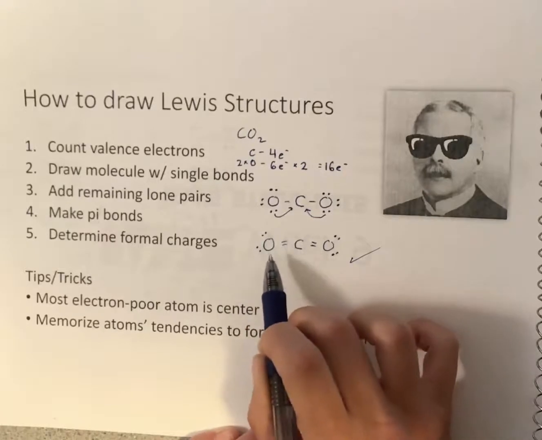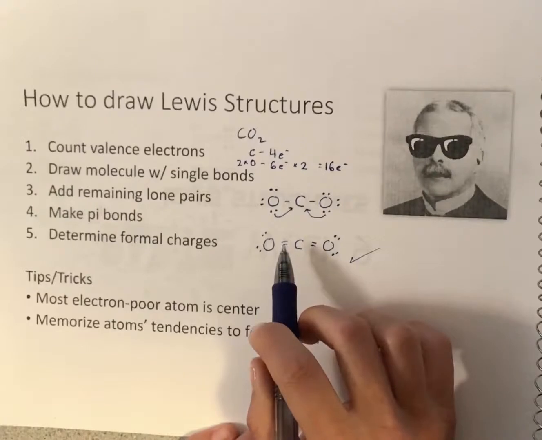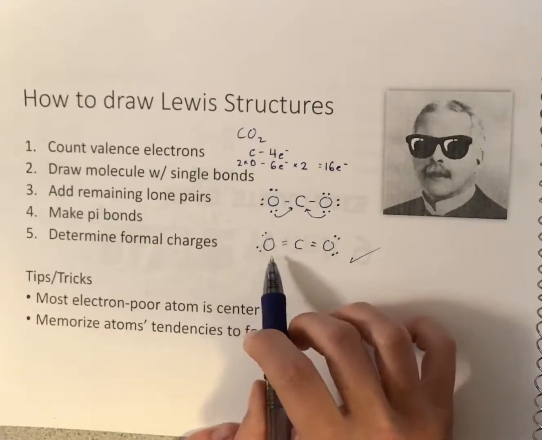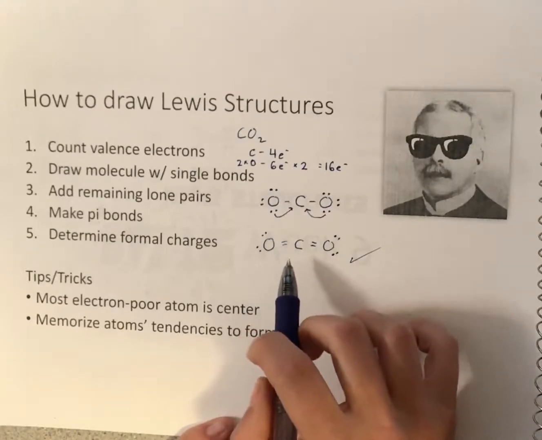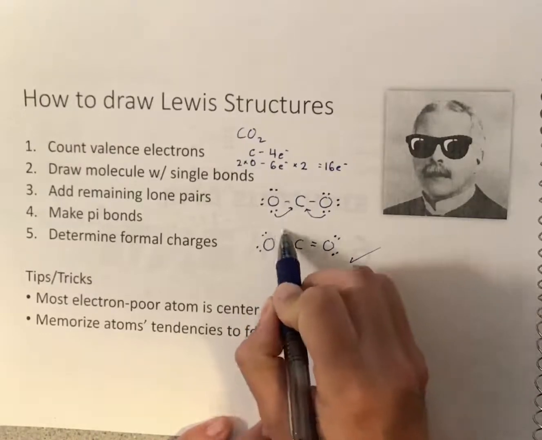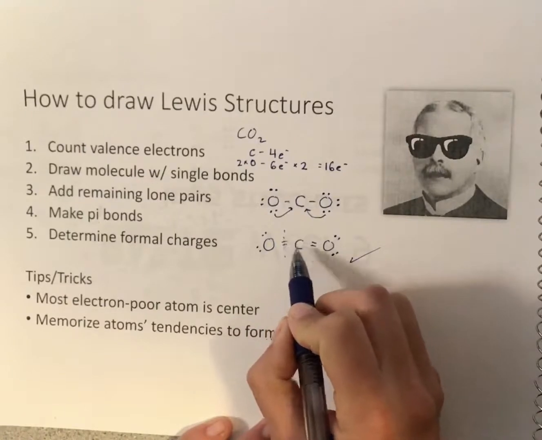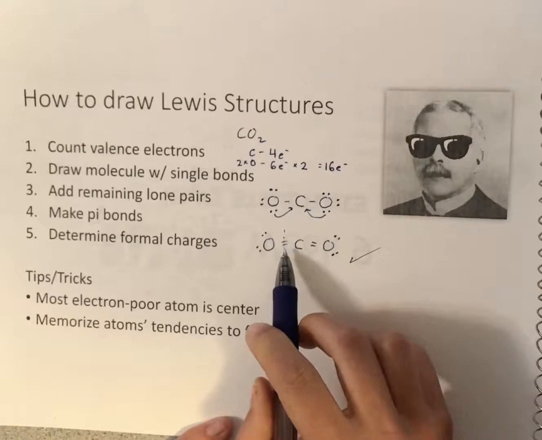The way that you do formal charges is you count up the number of electrons that are associated with each atom. So instead of saying that a single bond is worth 2, this time we're saying that single bonds are worth 1, because if we were to split right here, one of the electrons would be held by carbon and one would be held by oxygen with each bond.